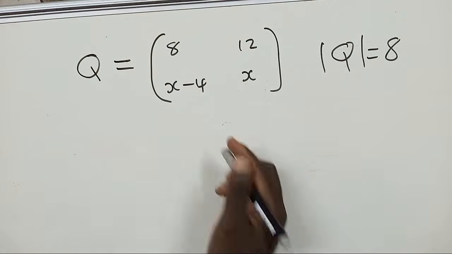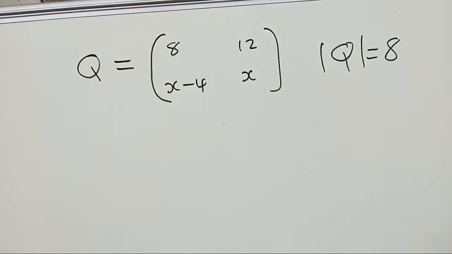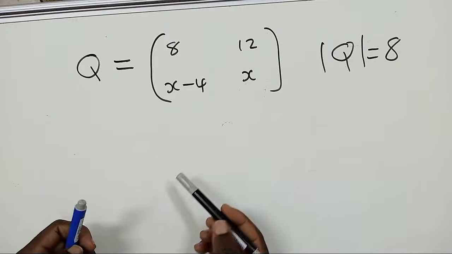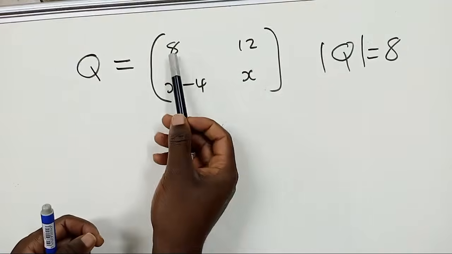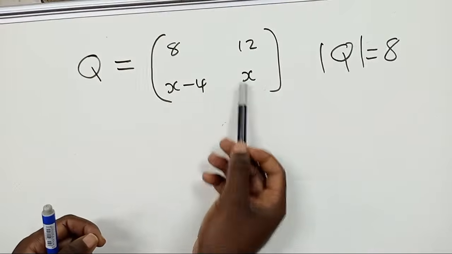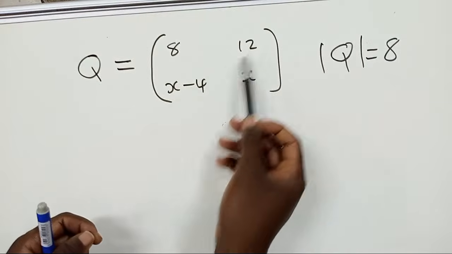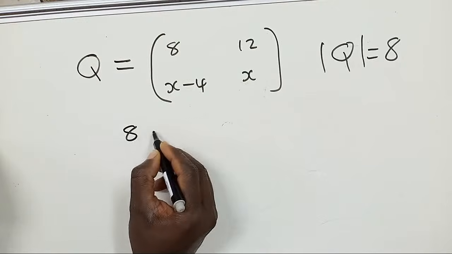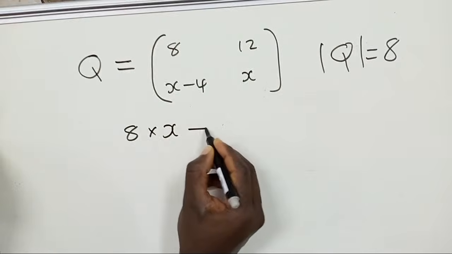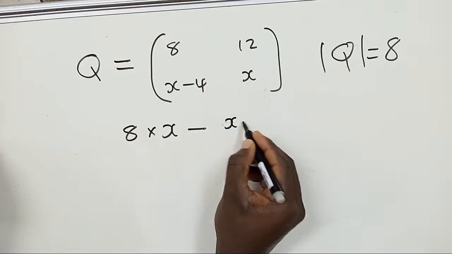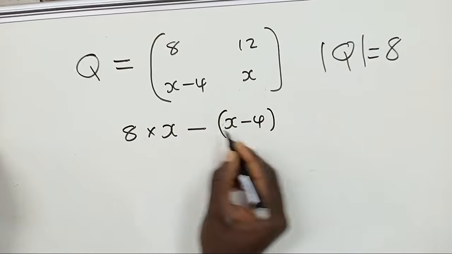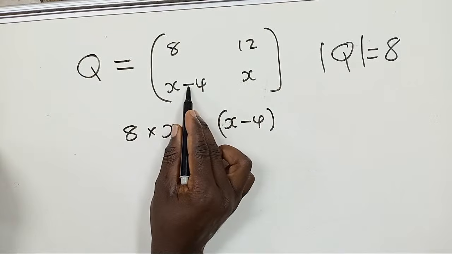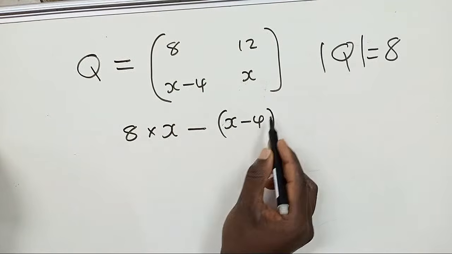So how do we find the value of x? Since they've given us the determinant, we know that when finding the determinant, we multiply the major diagonal minus the multiplication of the minor diagonal. So we will say 8 times x minus x minus 4, okay? Remember there are 2 terms here and there is a minus sign, so we must put it inside the brackets.